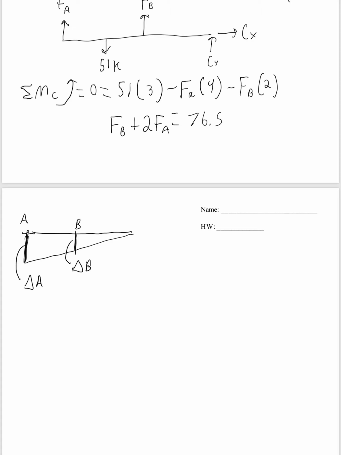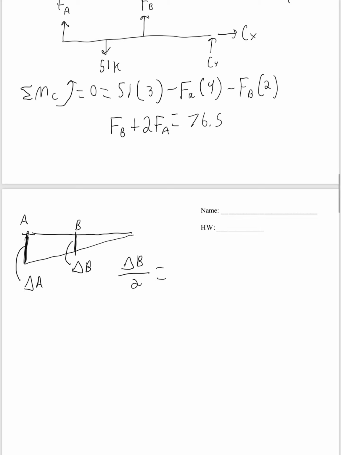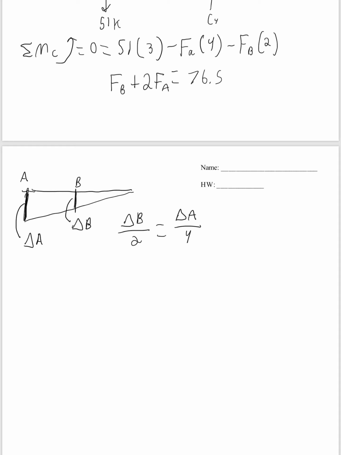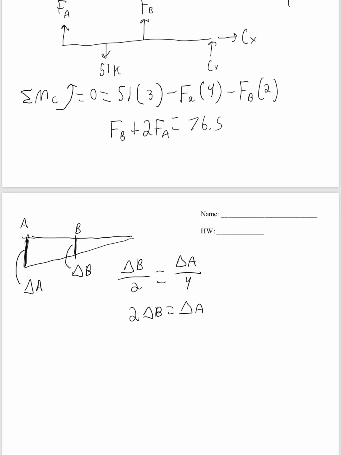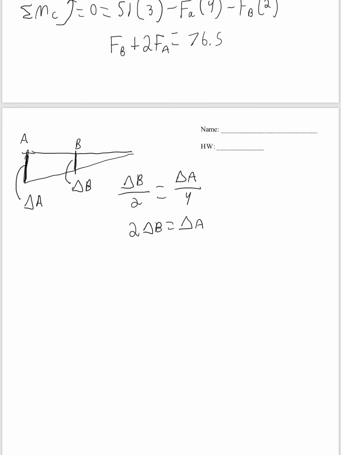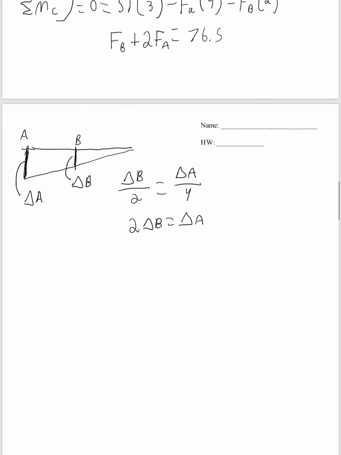So we can do compatibility, just similar triangles. We know that delta B over 2 feet has to equal delta A over 4 feet. Simplify that down and we get 2 times delta B has to equal delta A. That relates the displacements, but we want to relate the forces of A and B. So to do that, we'll have to plug in what is actually going on for each delta.